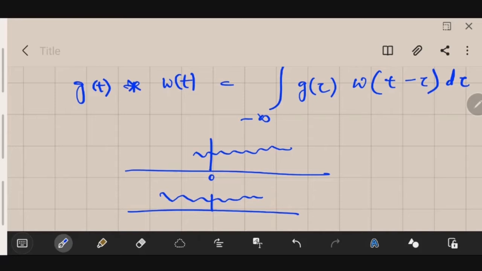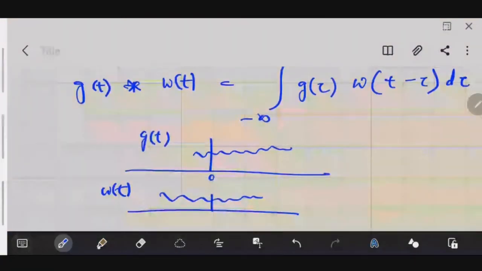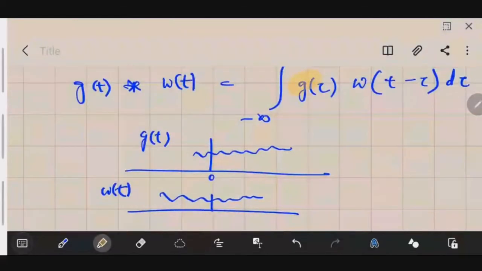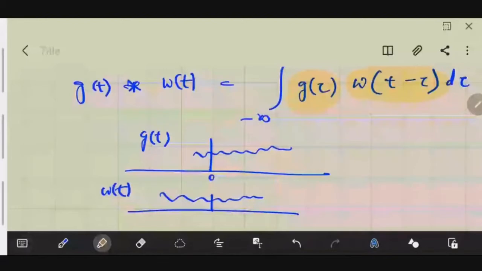What you are essentially doing is shifting this w of t. This is your w of t, this is your g of t. In this equation you have kept g of tau fixed, and what you are actually varying is this w of t. You are varying by how much? This is actually w of t minus tau.